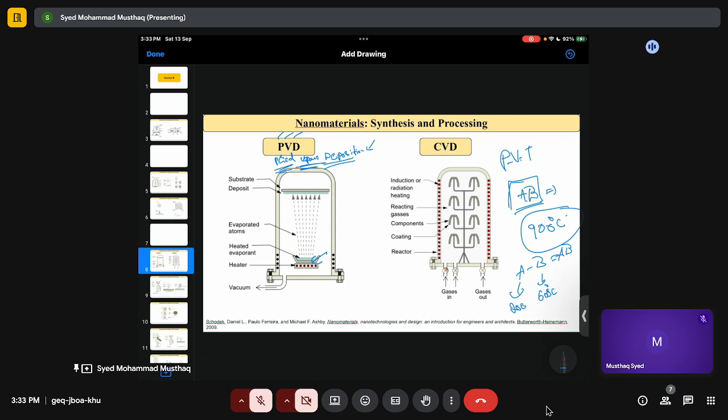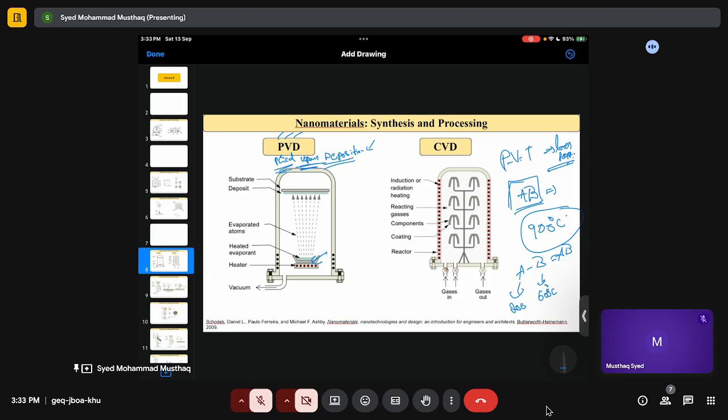Laser will also do the same thing. Laser mostly consists of photons, and photons will hit your surface and increase the temperature. If you have a very fine focus laser, then it will make sure that the localized spot reaches very high temperature. So that is about laser processing. And then we have plasma enhanced, if you want temperatures even higher than the laser one, then you do the plasma.